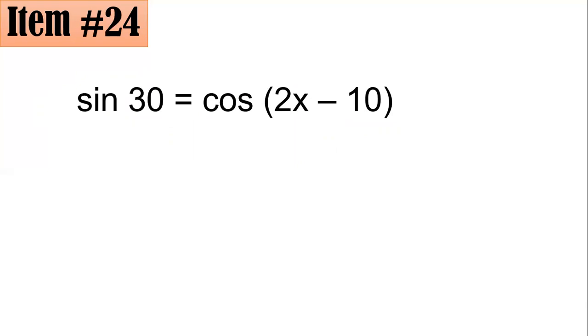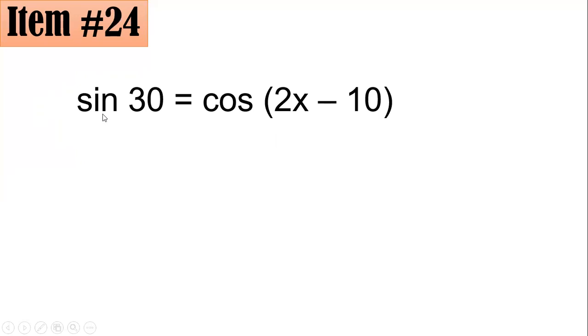But if you are going to utilize our trigonometric properties, the cofunction rule states that the function of a certain acute angle is equal to the cofunction of its complement.